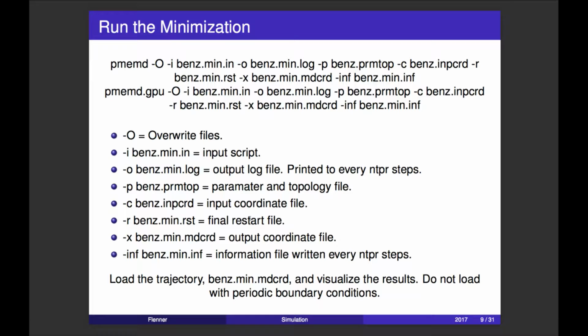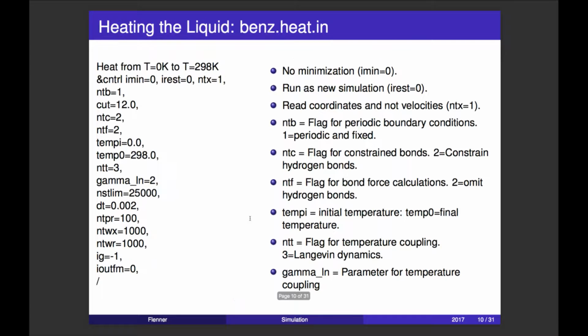All right, so we've already loaded in the trajectory, visualized what was going on, and seen what happens during the minimization. So the next thing, after we minimize the energy, a lot of people think of this as a T=0 configuration.